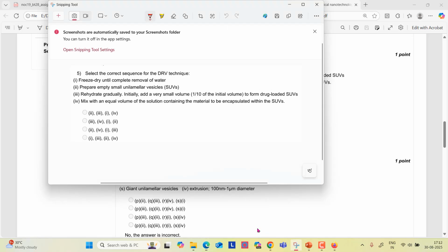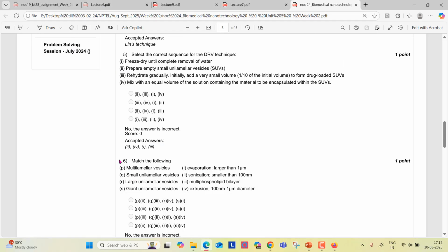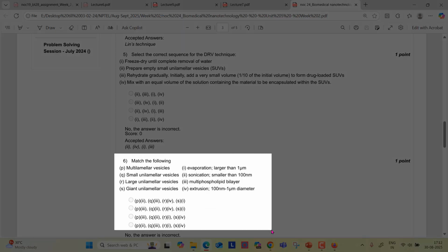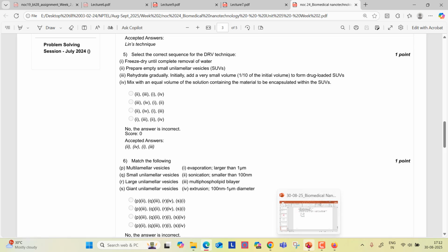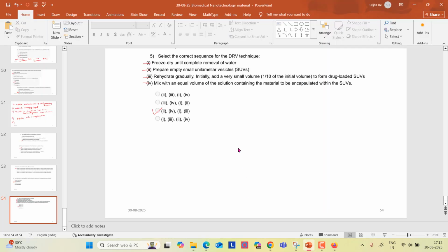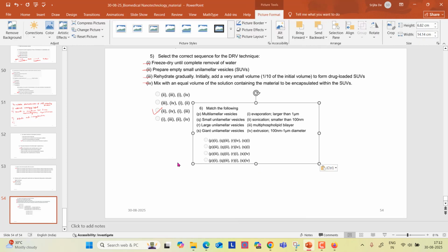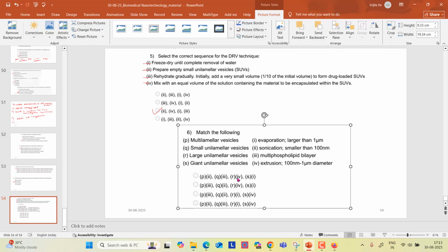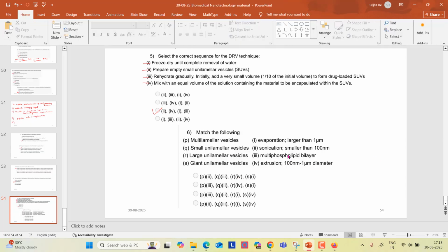Next question is match the following. Multilamellar vesicles. I think the formation of multilamellar vesicles is given here.